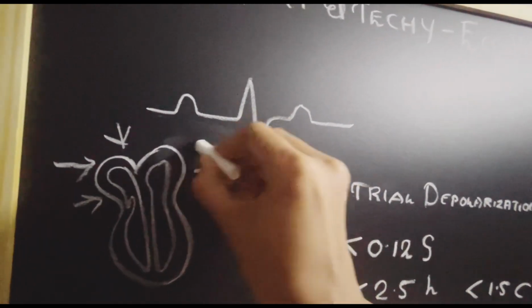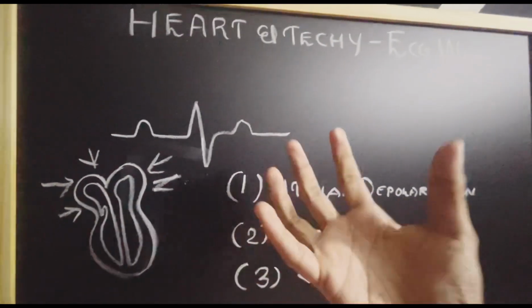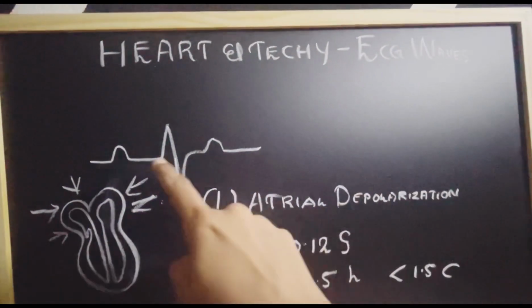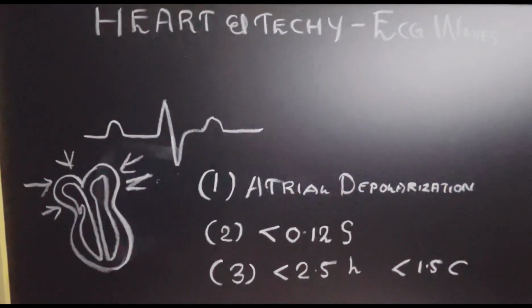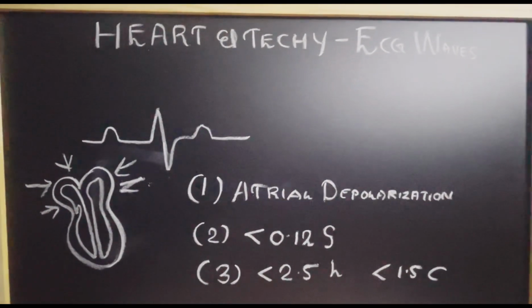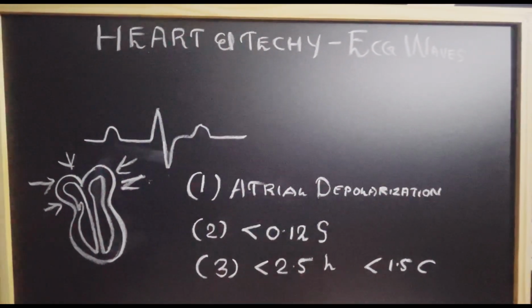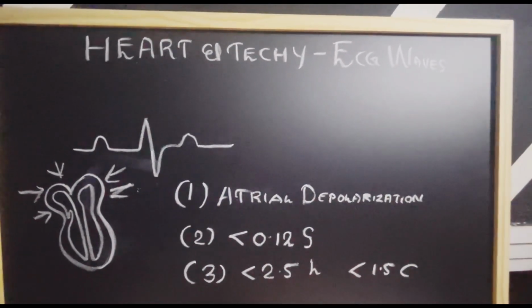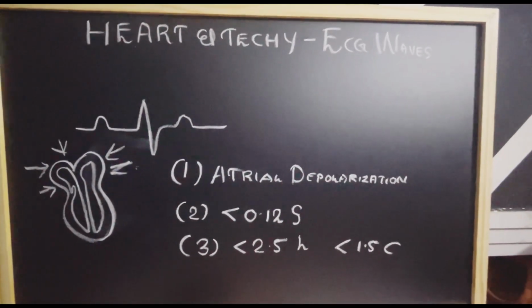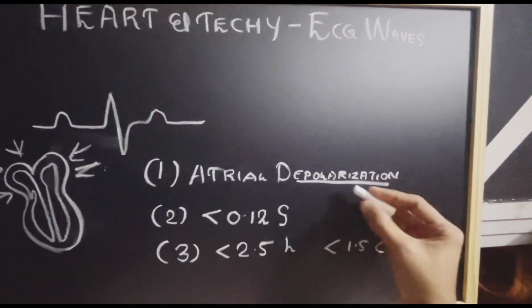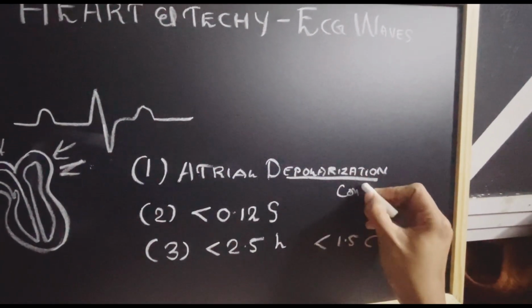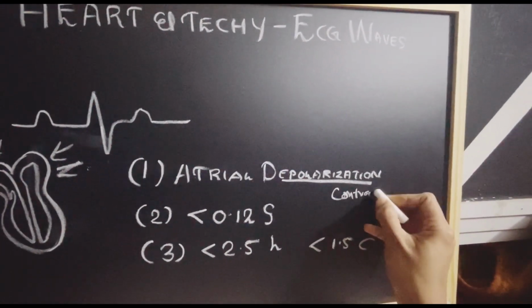When the atrium is contracting, this P wave, this first positive deflection, comes in the ECG. So depolarization means contraction.